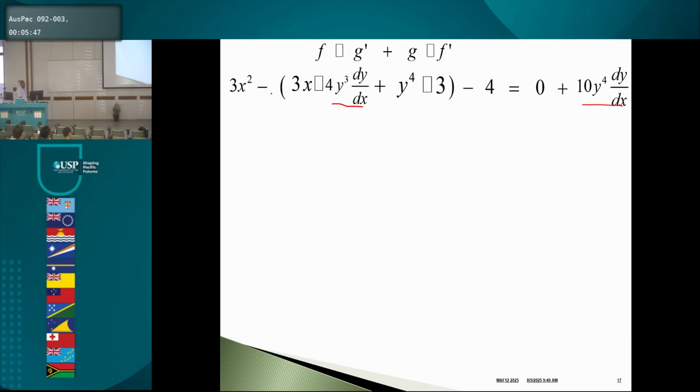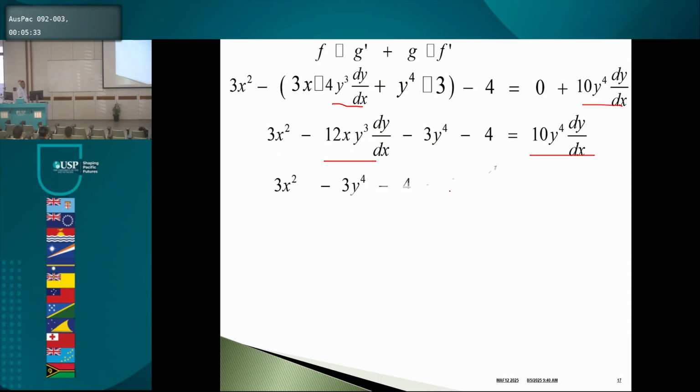If you remove the minus, everything inside this bracket becomes minus. So we'll change. We'll collect those terms that have dy over dx on one side. The others that don't, we'll collect them on the other side. So I've moved the dy over dx to the right side. It's up to you.